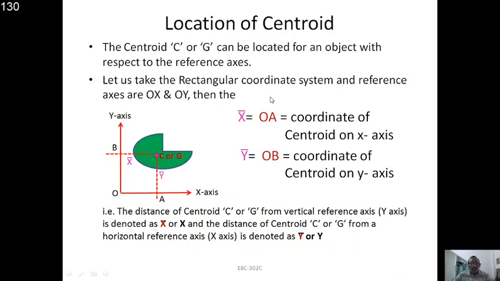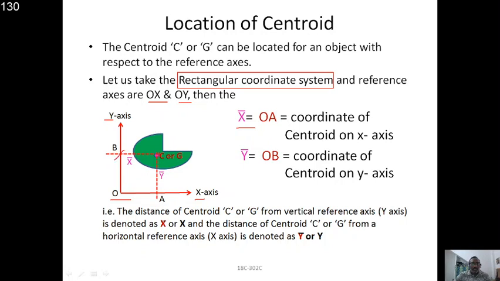In the rectangular coordinate system, we require x and y reference axes, OX and OY. So x bar means it is a horizontal distance.